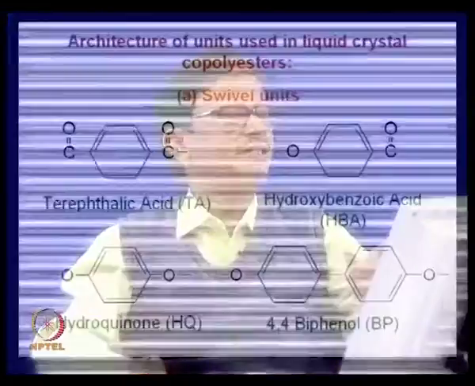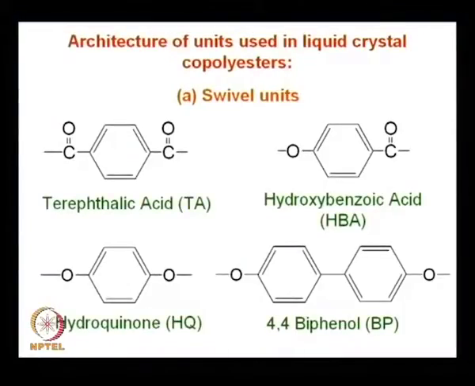Swivel units: you see this terephthalic acid, OH is there. So, this residue is from terephthalic acid, this is from hydroxybenzoic acid, this side acid group, this side OH group. Then hydroquinone and 4,4-biphenol.